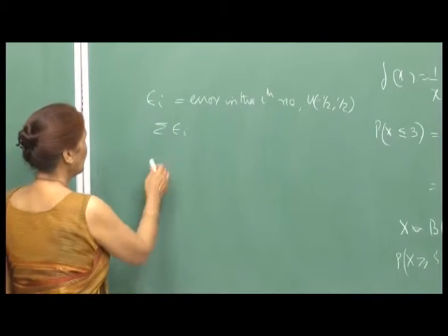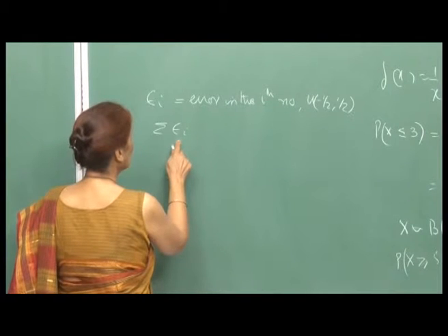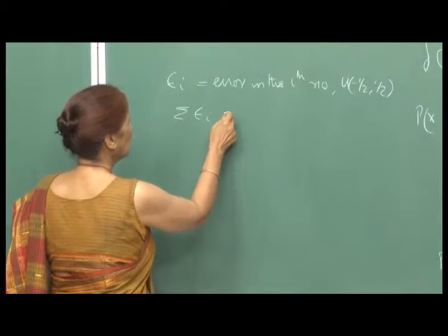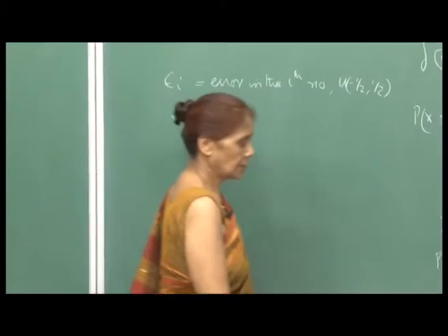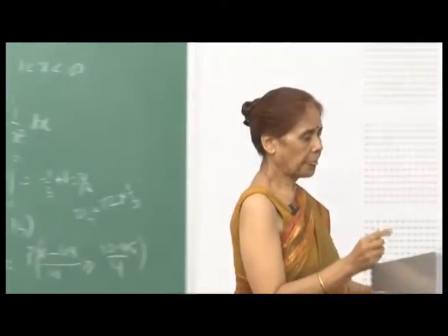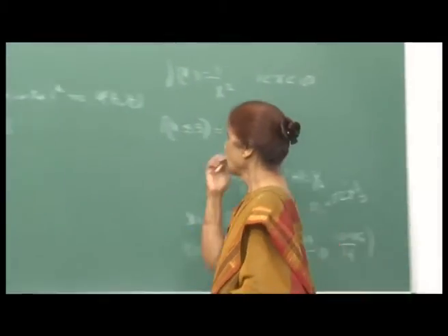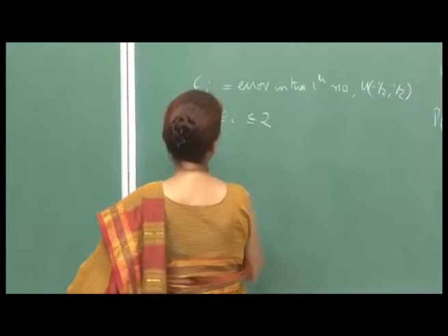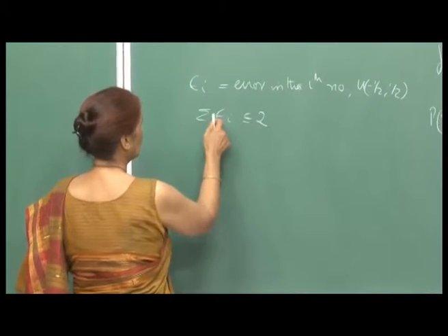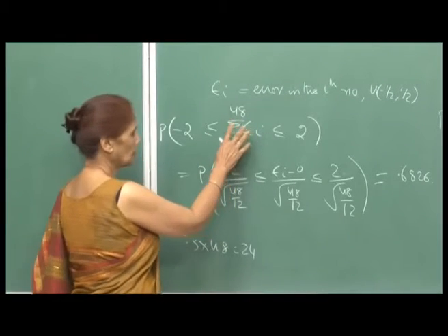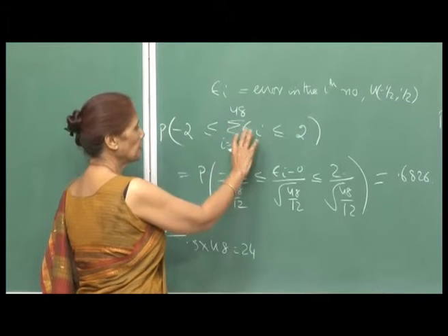Now, you are wanting the probability that this thing should be less than or equal to 2. I think this is the question, that the sum of the integers is within 2 units of the true sum. So, the total error that occurs should be within 2 of the original.